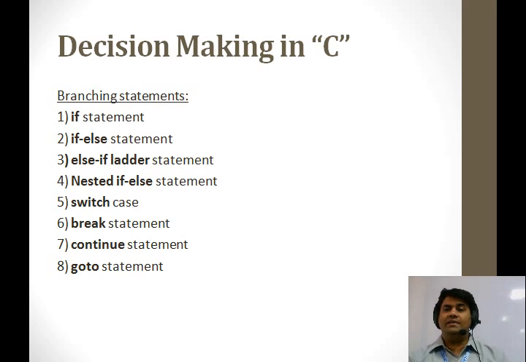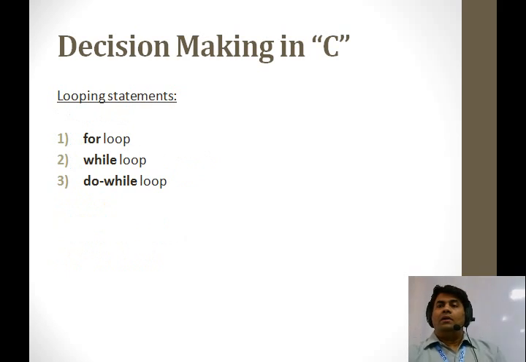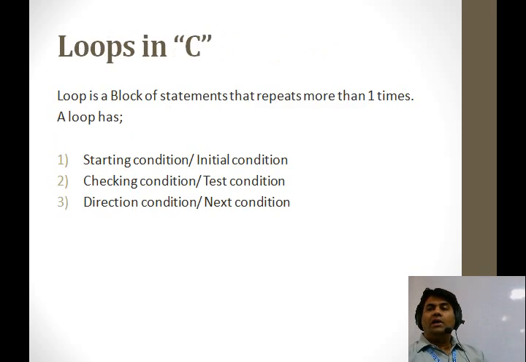There is a switch case, a break statement, a continue statement, a goto statement, as you can see. Now, decision making in C also has looping statements, and there are for loop, while loop and do while loop. So we'll see loops in C.